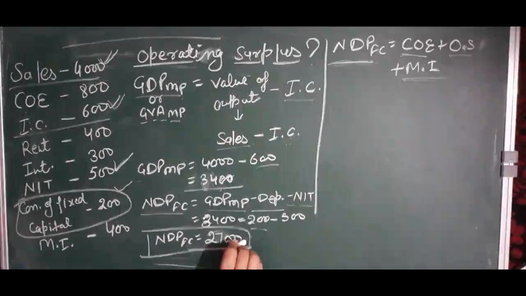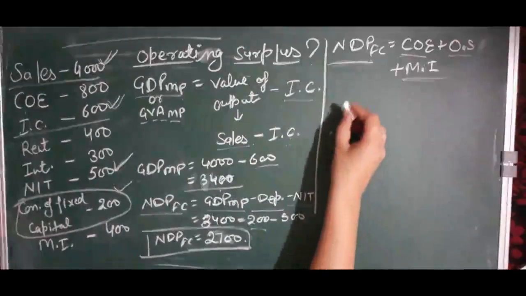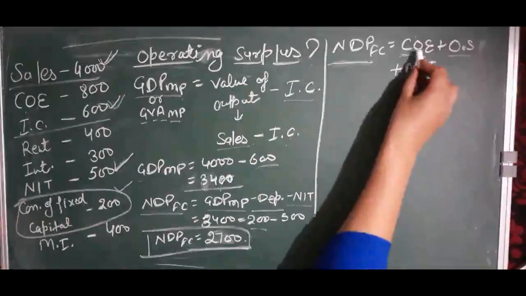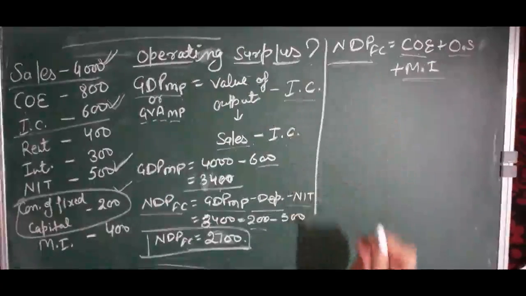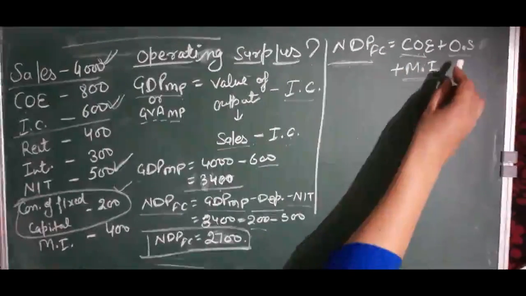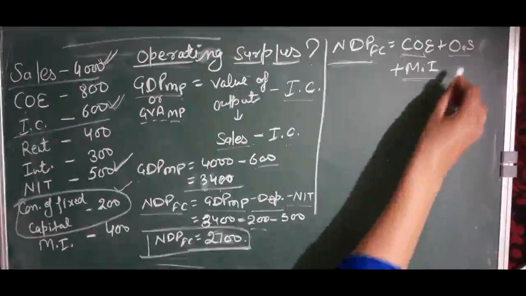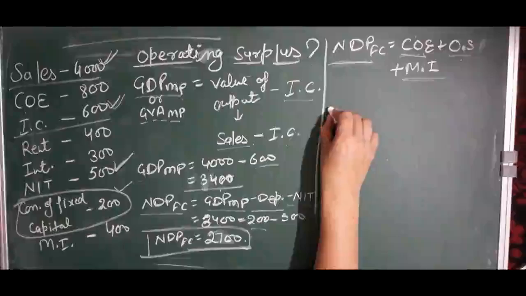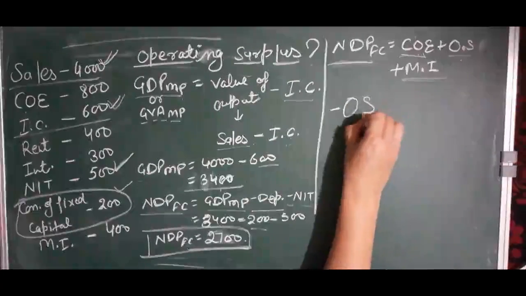Now put the value of NDP at FC in this formula. By putting the values, because we know the compensation of employees, mixed income and NDP at FC, we can calculate the value of operating surplus. Now take the operating surplus to the left hand side.